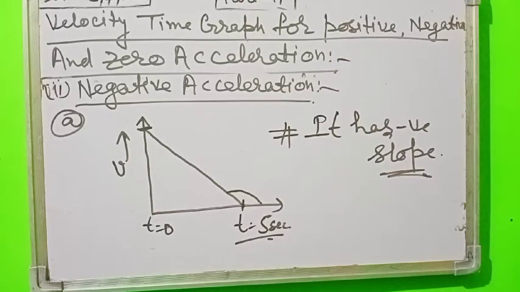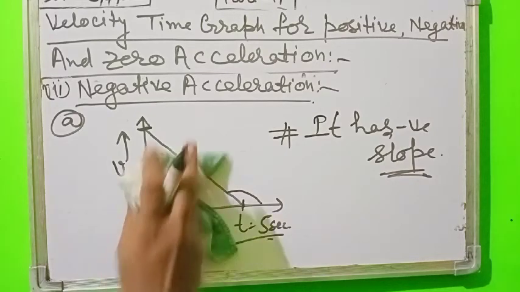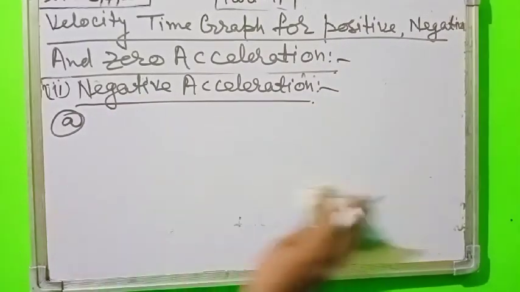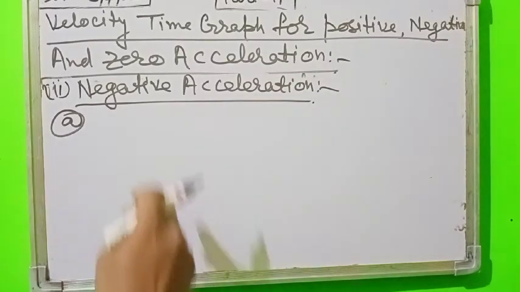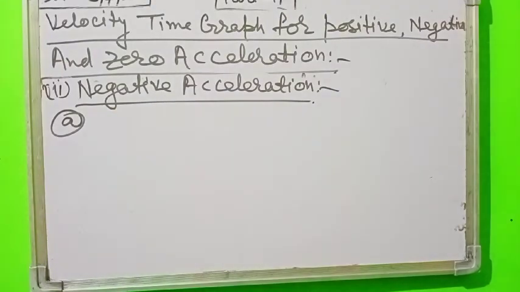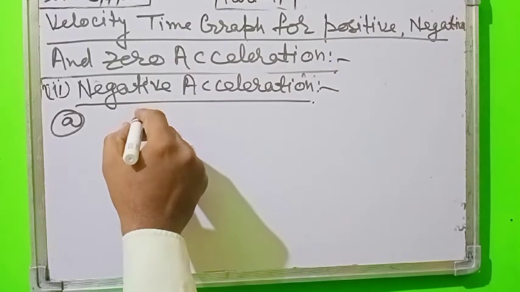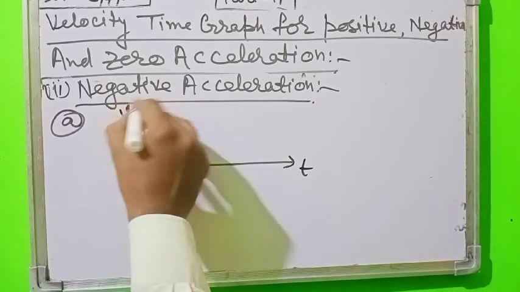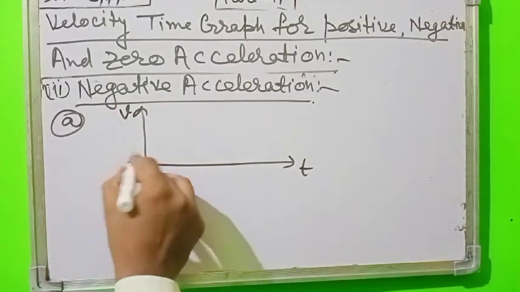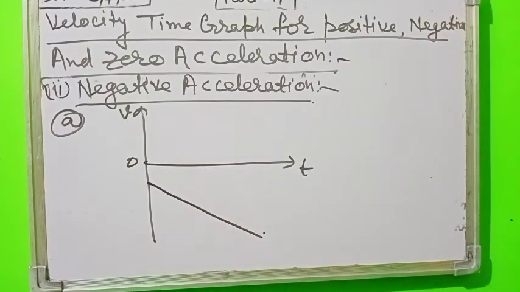The second case is, in the first case you saw that it has a certain positive velocity and after that it decreases to 0. But if the object is moving with negative acceleration and has some negative initial velocity, this is the time axis, this is the velocity axis, then the velocity time graph is a straight line.